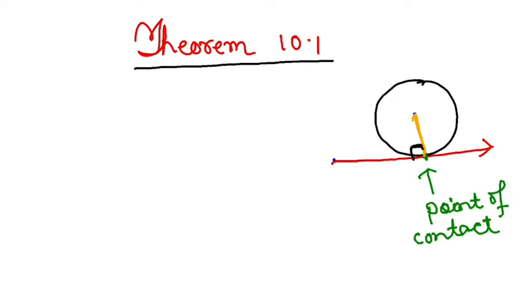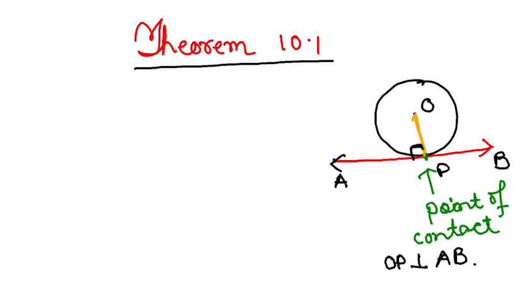That means if I say this is the radius OP and let's say AB is a tangent, you have to prove that OP is perpendicular upon AB. So the radius is always perpendicular to the tangent through the point of contact.